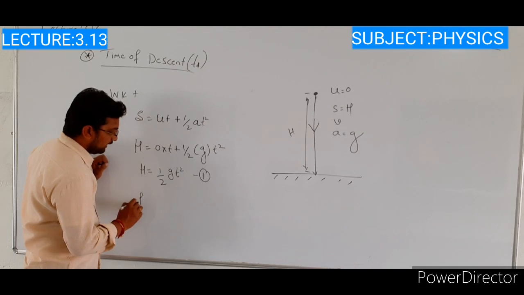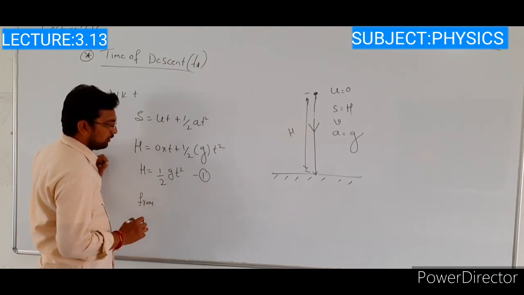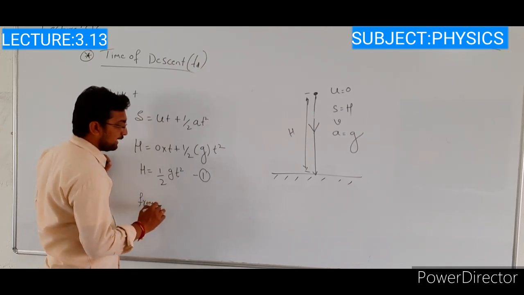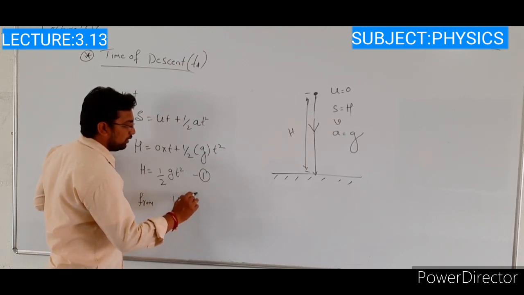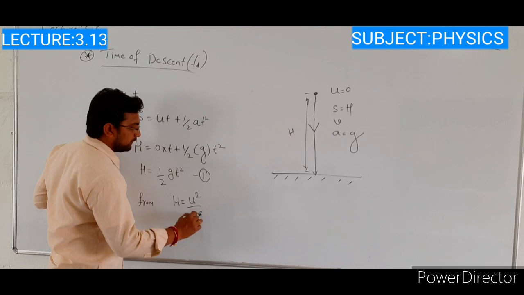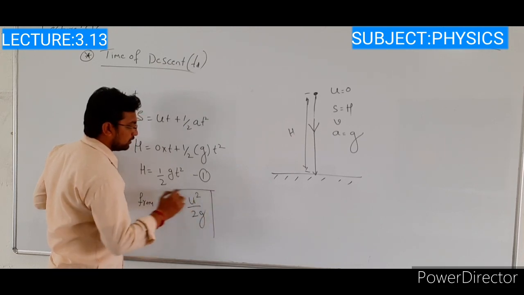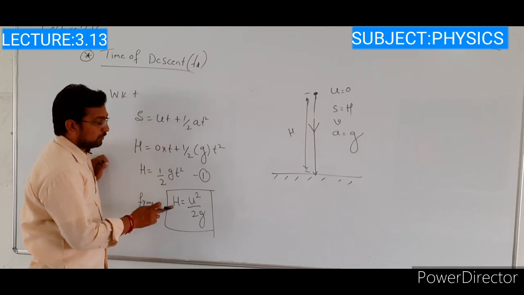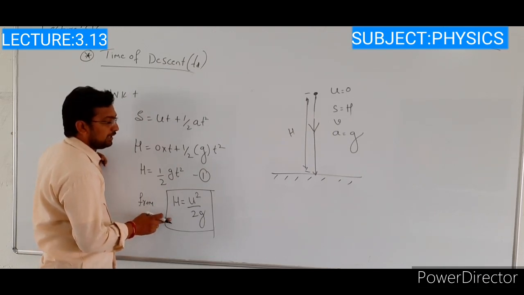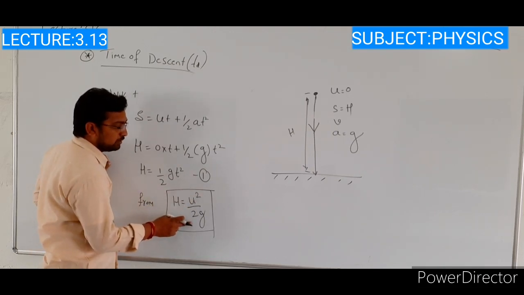From the equation of maximum height, the maximum height value h is equal to u square by 2g. This equation we derived for the maximum height. From that equation, the h value is u square by 2g.